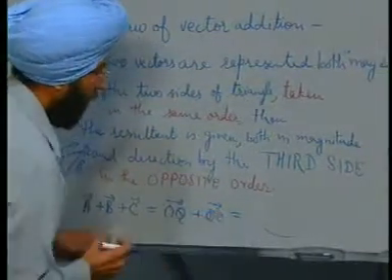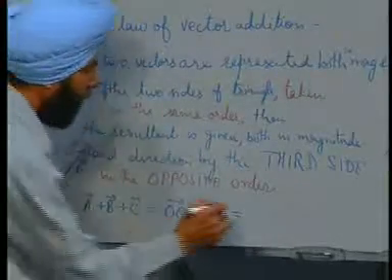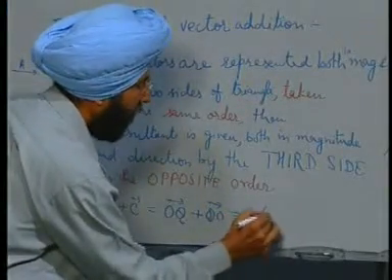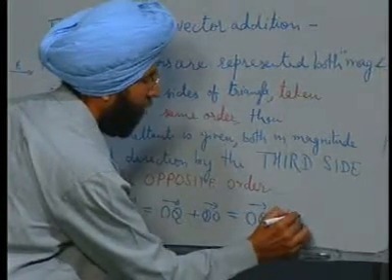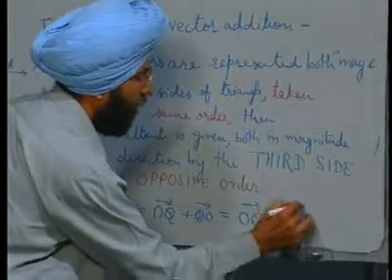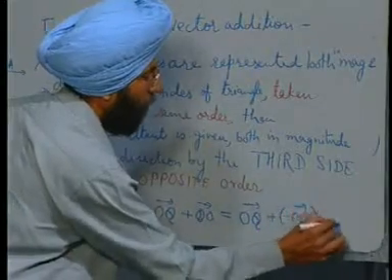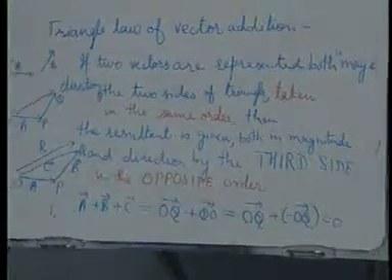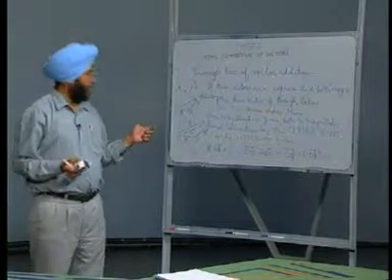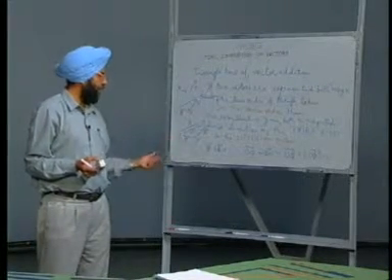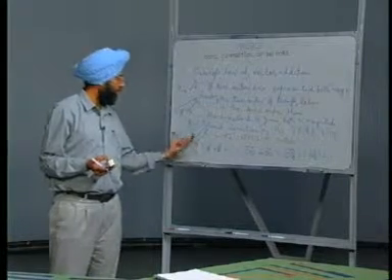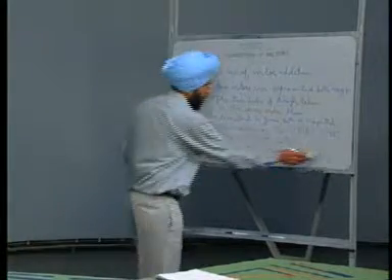QO is the opposite of OQ because they have equal magnitude and opposite direction. So, the resultant is 0. So, if we have three vectors represented by the sides of a triangle taken in the same order, then the sum of such vectors is 0.